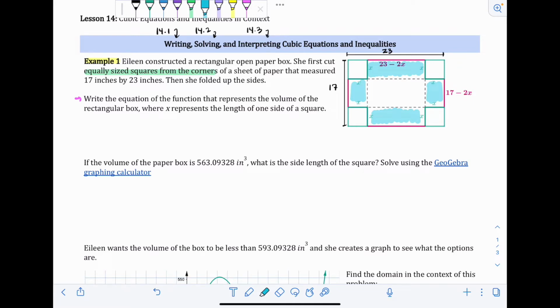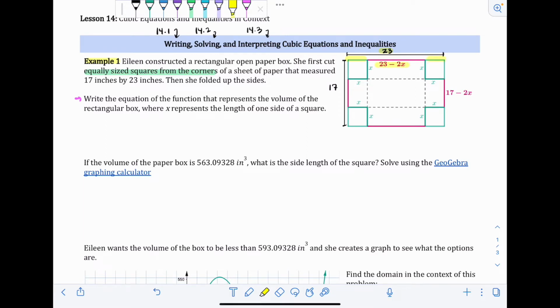So once we fold all those sides up, they're not going to be 23 inches across and 17 inches down. We have to take into consideration the corner squares that we cut out, and they do that in the graphic for us. If we start with a width of 23 and take off X and another X, we get 23 minus 2X.